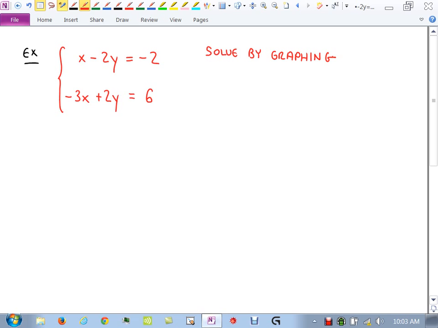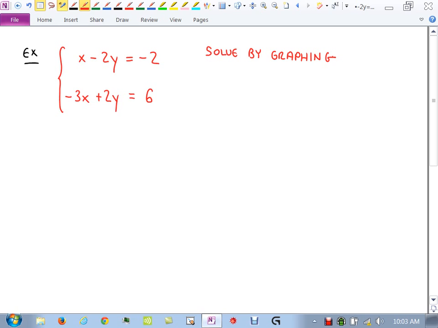So when you look at this problem, what you want to notice is that big brace on the left-hand side automatically tells you I'm trying to solve these two equations simultaneously. I'm trying to find an x and a y that makes them both true. Since I'm saying solve by graphing, that means you have to draw each of the lines and then figure out where they hit each other.